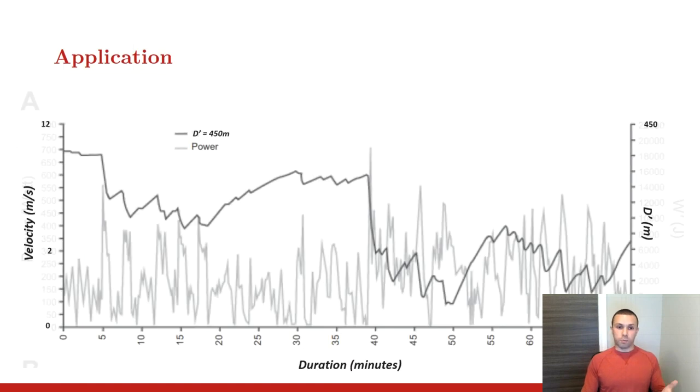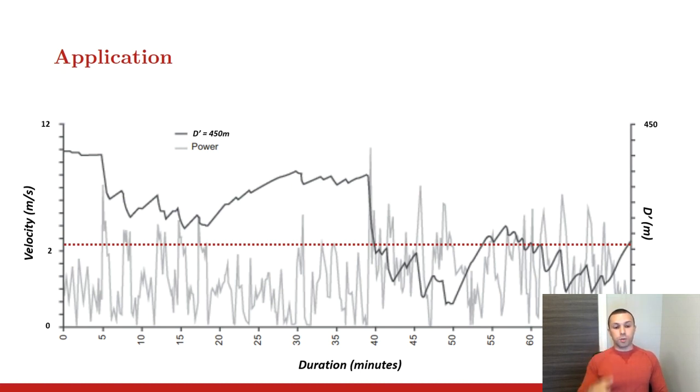So moving forward from there, we can build something that looks like this. This is his velocity and his D prime. And we see that when we put our asymptote in here at about 2 meters per second, at any velocity above it, the light gray line, he will actually be using his anaerobic capacity, his D prime.